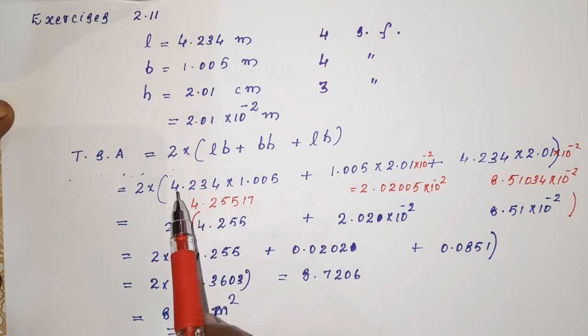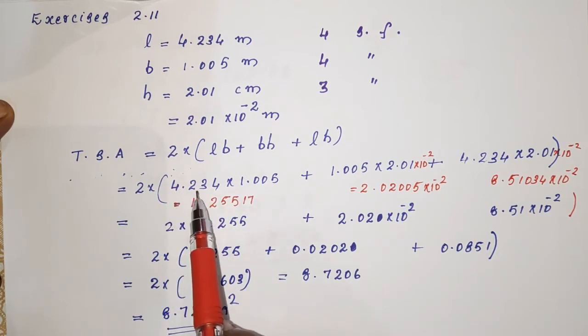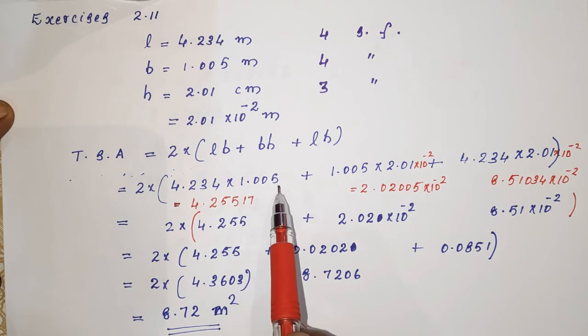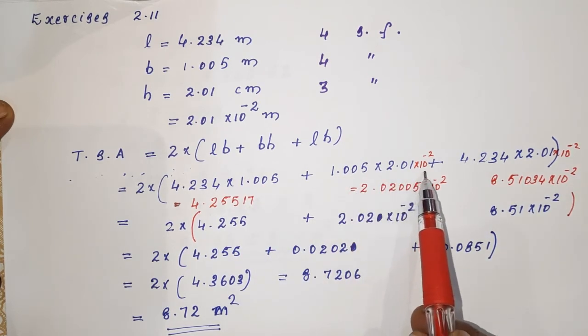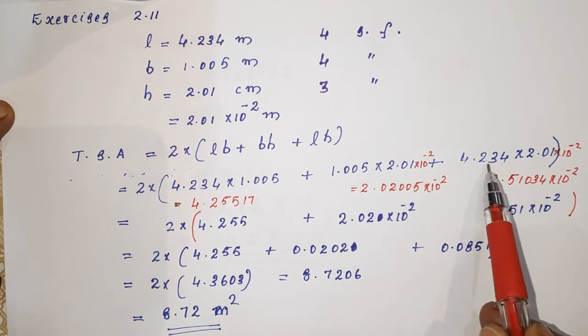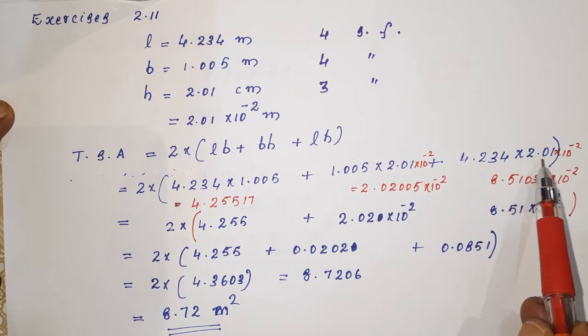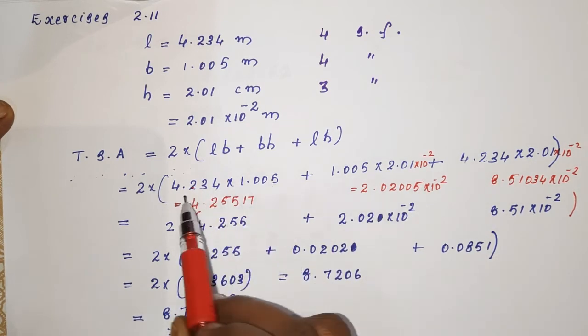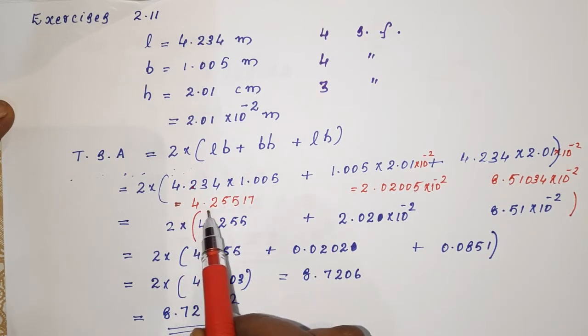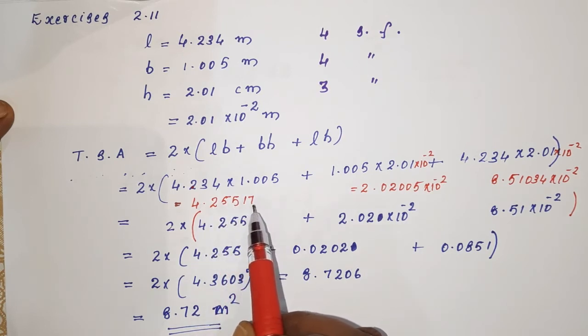Accordingly, the first term within the bracket is 4.234 into 1.005. Then 1.005 into 2.01 into 10 raised to minus 2. Then 4.234 into 2.01 into 10 raised to minus 2. In doing the calculation, you have to do it stepwise, because due care to significant figures also has to be given. First do this one. When you multiply, you will get 4.25517.